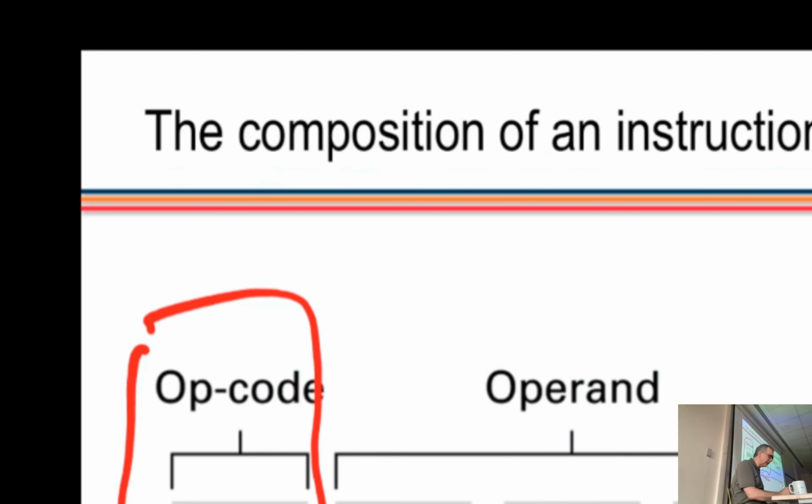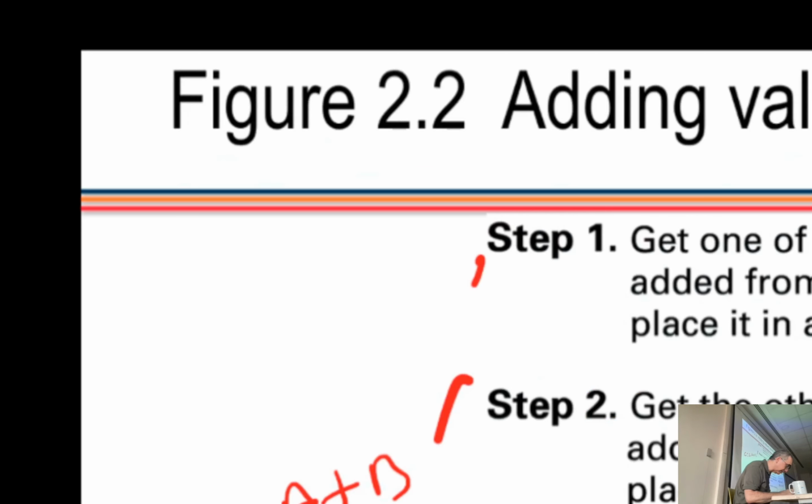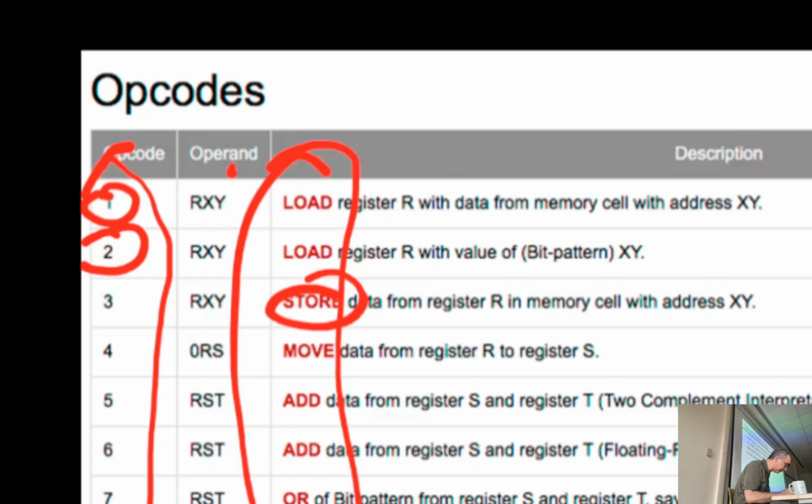This says, I think it's store. Store register 5 to A7. Is that clear? Store register 5 to A7. What was 3? Let's check. Yeah, 3 was store.